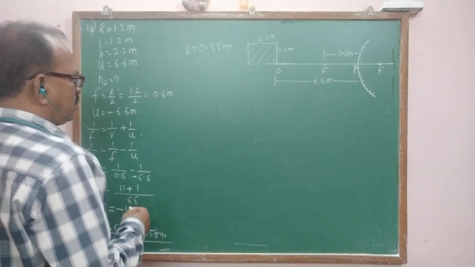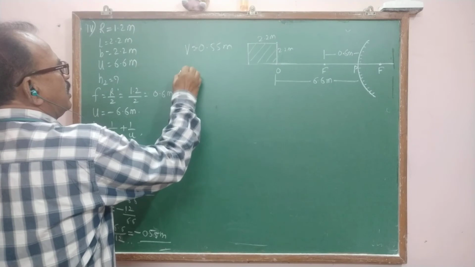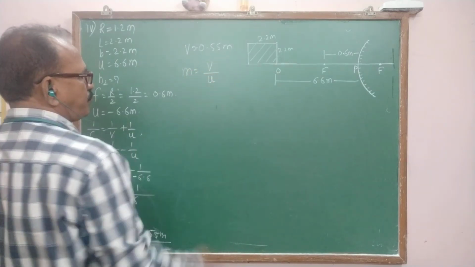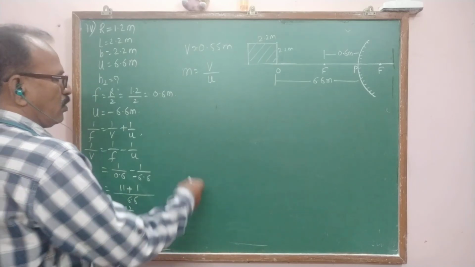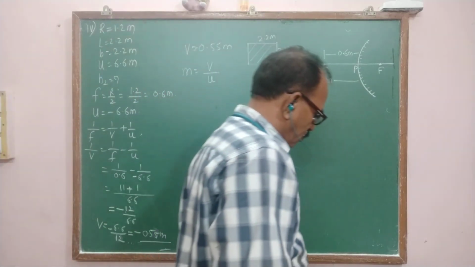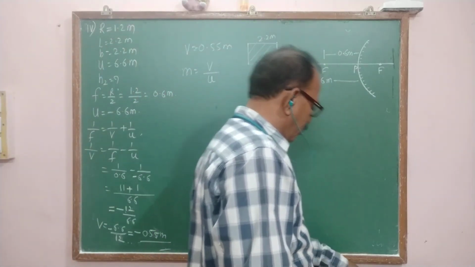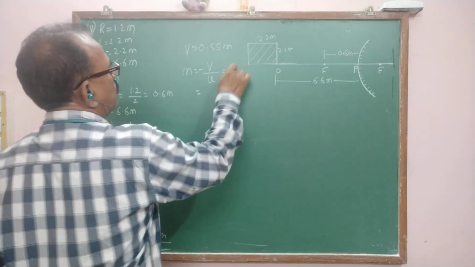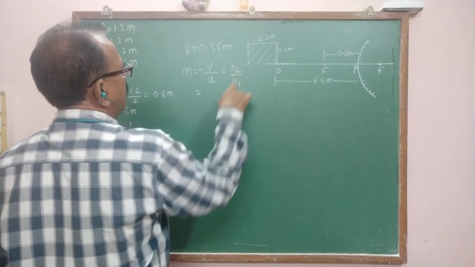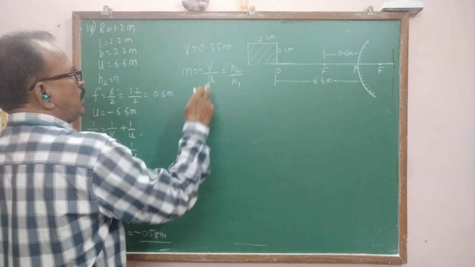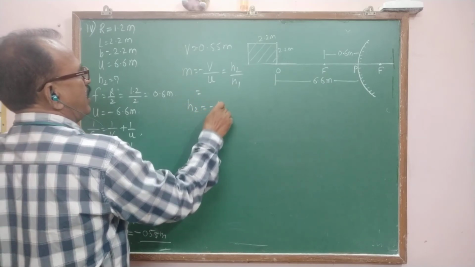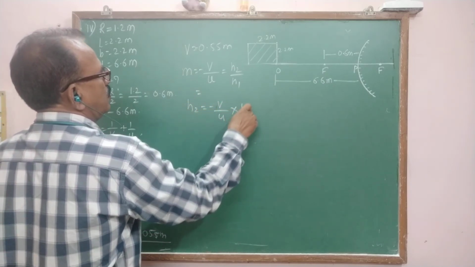Then what is the magnification? M is equal to minus v by u, that is equal to h2 upon h1. Here the object height is h1. So h2 is equal to minus v by u into h1.